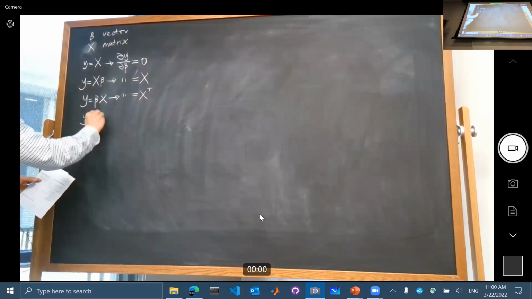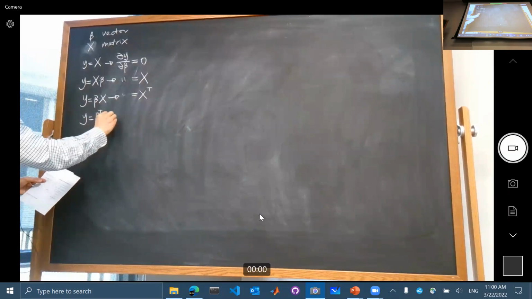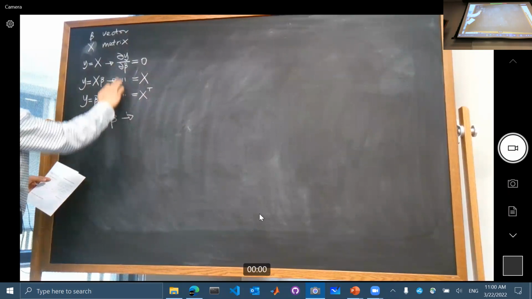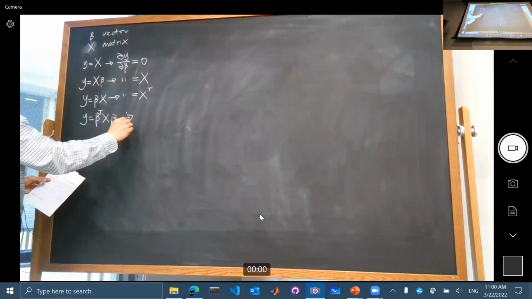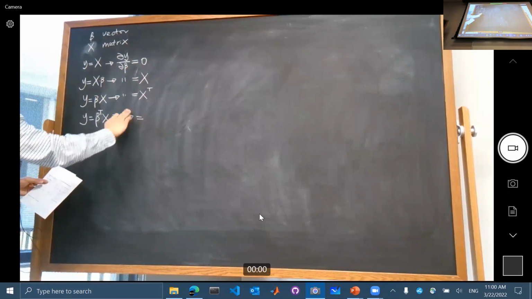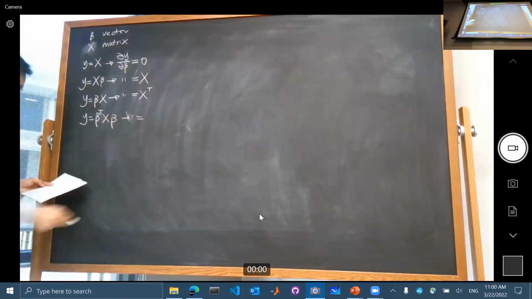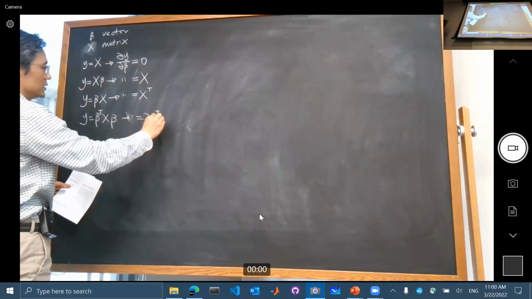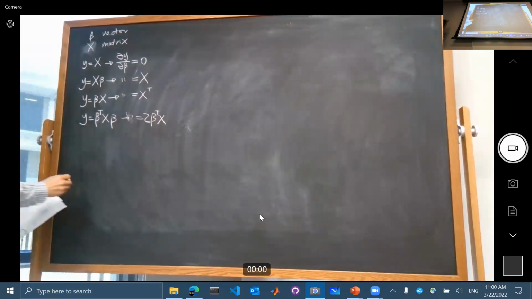So this will be beta transposed, and you have this relationship, then partial y, partial beta will be 2x. Okay.